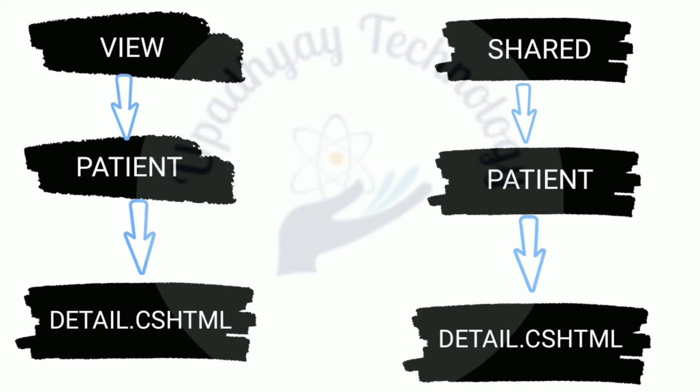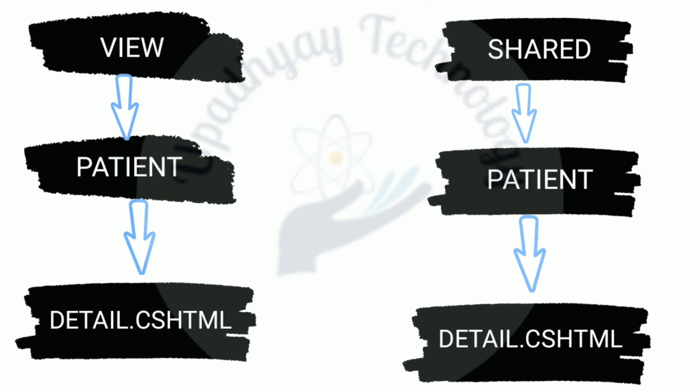So next it starts searching in the Shared folder, but there also there is no Patient folder in which a Details.cshtml file is present. That's why it complains by showing an error that the page is not found.